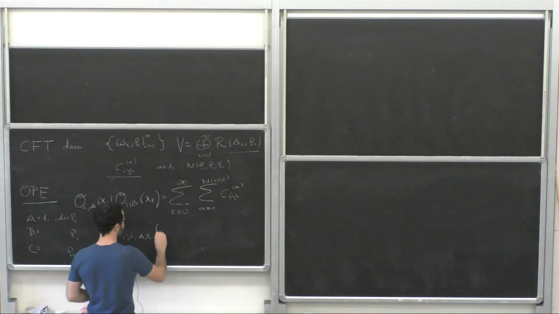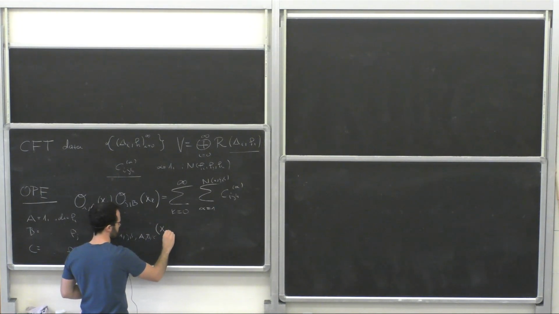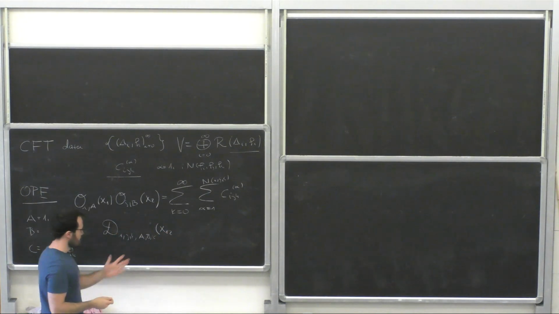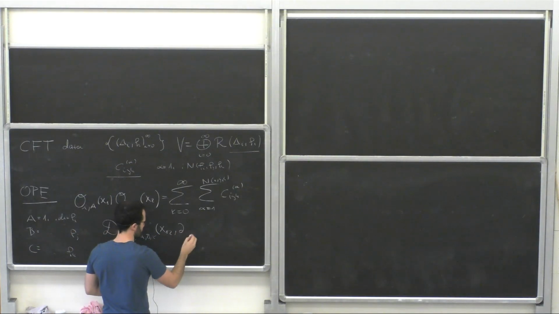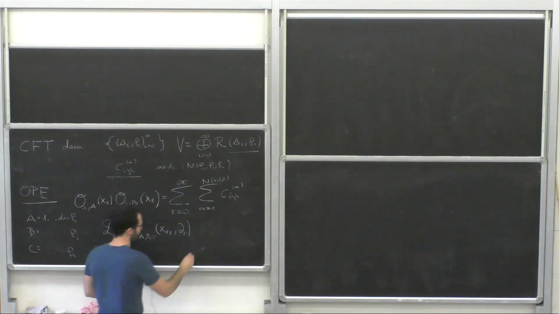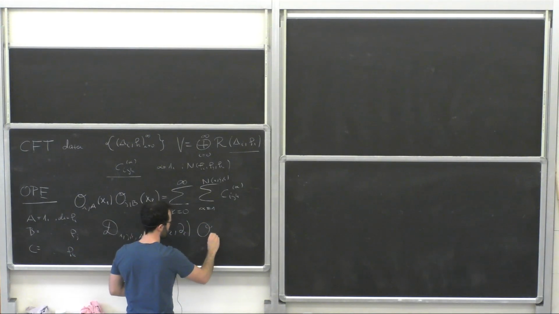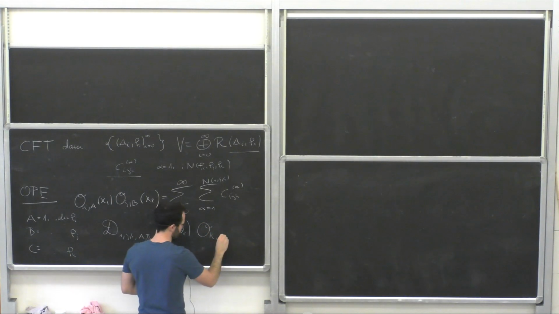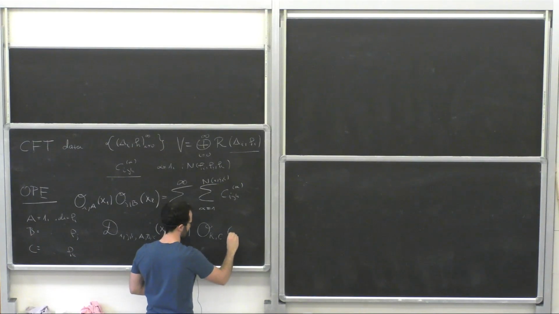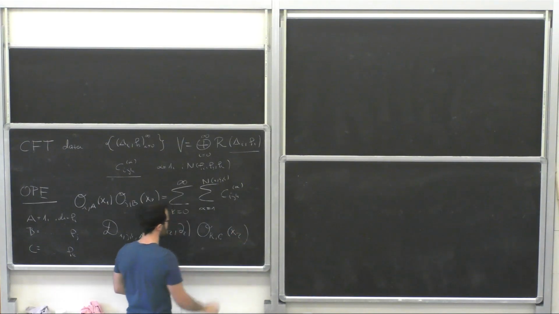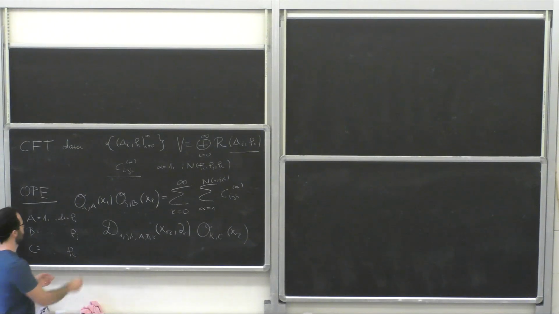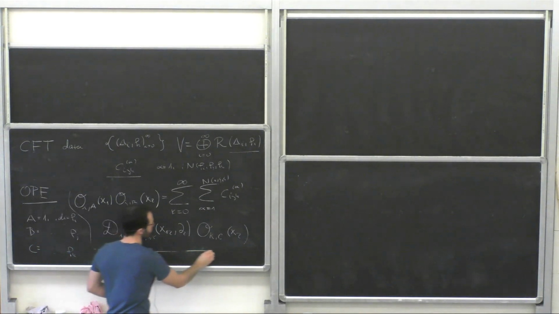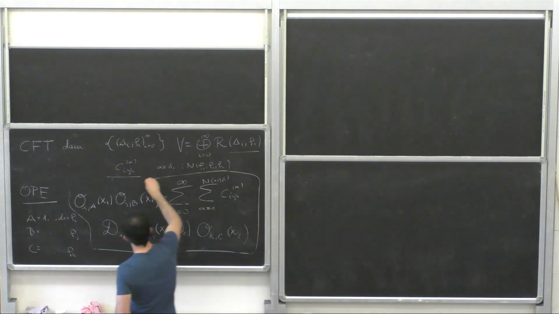And this differential operator only depends on the vector x1 minus x2, and the derivative with respect to x2. And it acts on the conformal primary operator O_K with index C inserted at x2. Okay, so this is the most general form of the OPE for any spins.